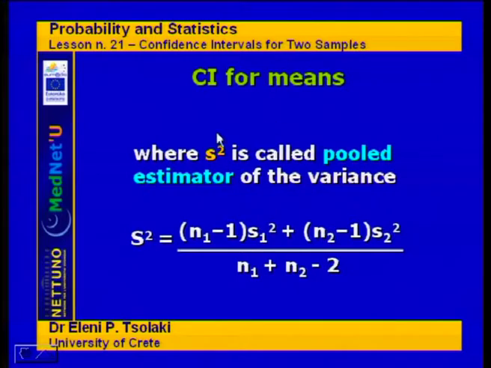So the pooled estimator can be calculated using the formula shown here, where this is the sample variance of the first sample, and this is the sample variance for the second sample. N1 and N2 are the two sample sizes.